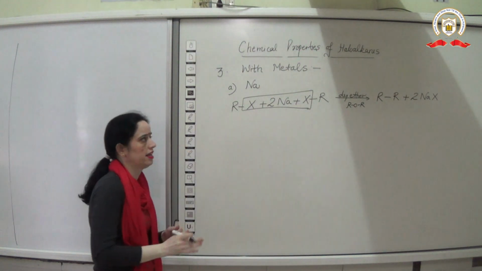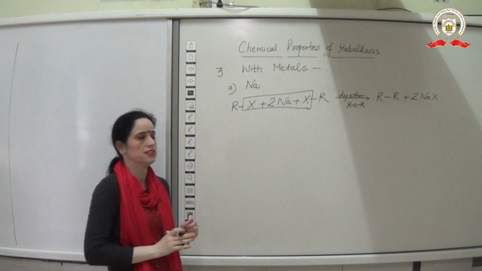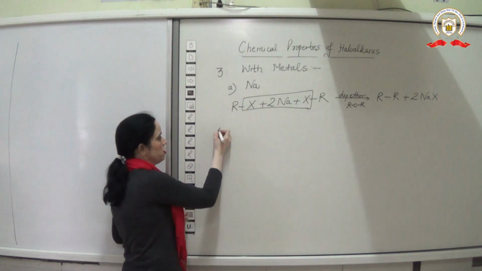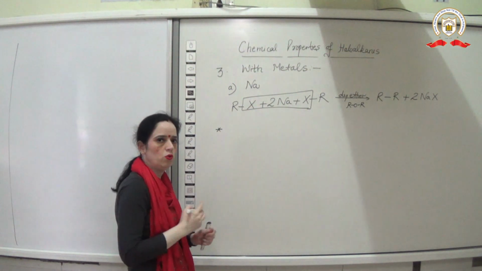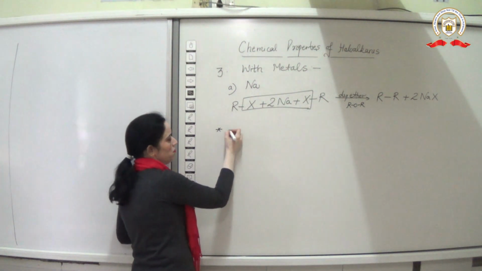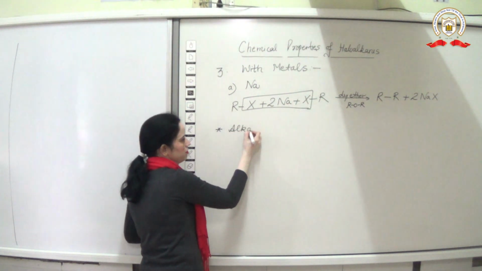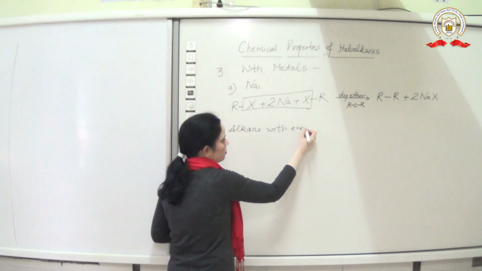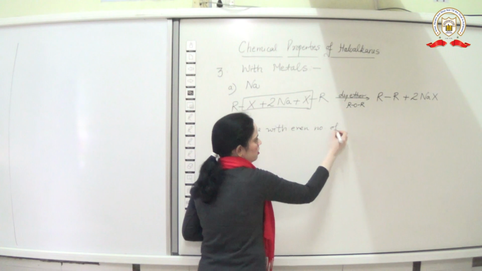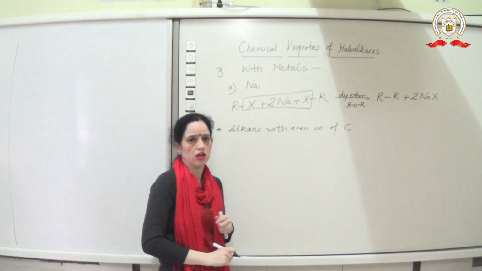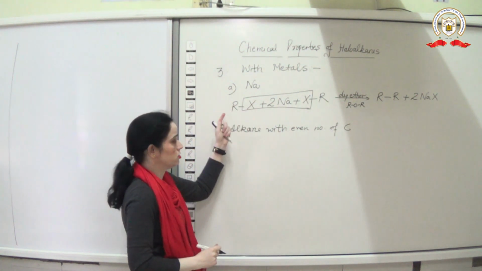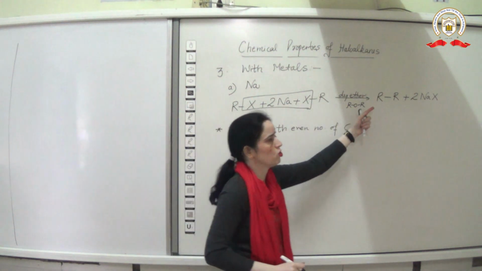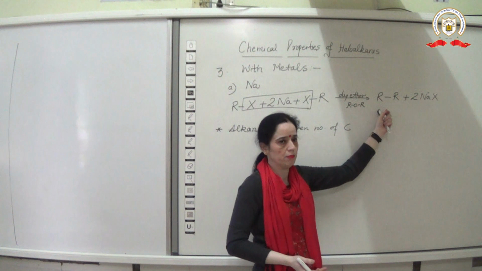Now the thing that we used to make you memorize in class 11, the most important part is that Wurtz reaction is applicable only in case when we are going to get alkane with even number of carbon atoms. Even number of carbons, because the number is going to double, and when it doubles it is always going to be an even number.